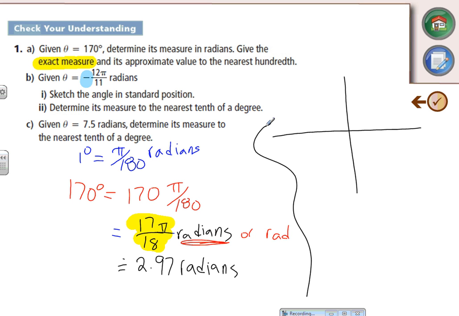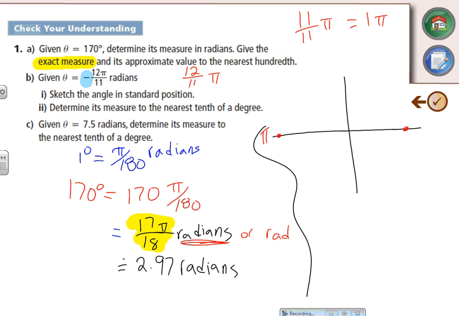Now we've got a proportion of 12 over 11 of pi. If I was talking 11 elevenths, that would have been 1 pi. And I know that 1 pi is 180 degrees.